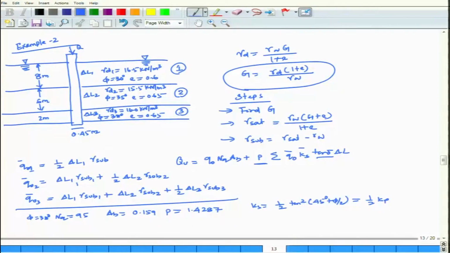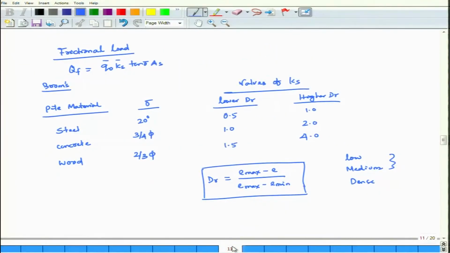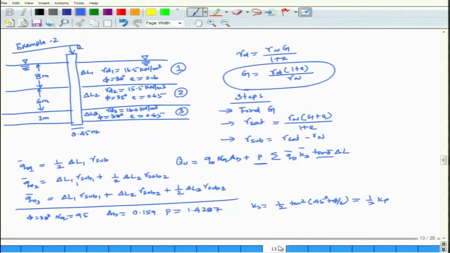Here nothing has been given, so you can take delta as 20 degree, or you can consider delta value, if it is not given, as 2/3 phi to 3/4 phi. This value you consider.